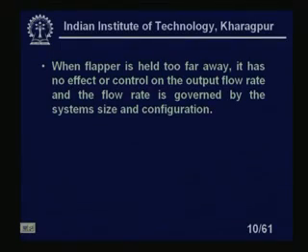When the flapper is held too far away, it has no effect or control on the output flow rate, and the flow rate is governed by the system size and configuration. That is more important, because this will tell you the total range of the flapper nozzle system, that means the total range of the displacement sensors we are going to design.